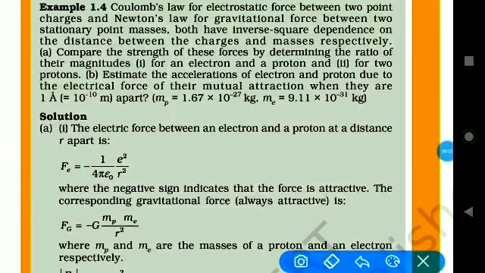So first we will compare the strength of these forces, and then we will find the acceleration of electron and proton due to the force acting between them. Here mass of electron as well as mass of proton is given.